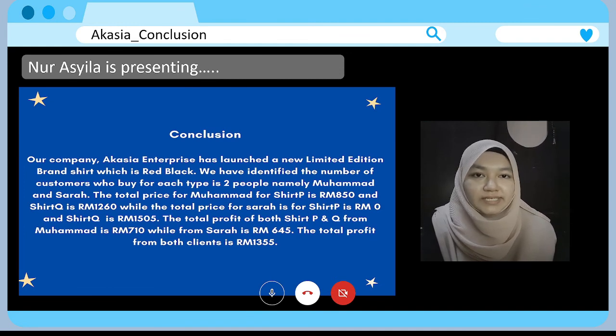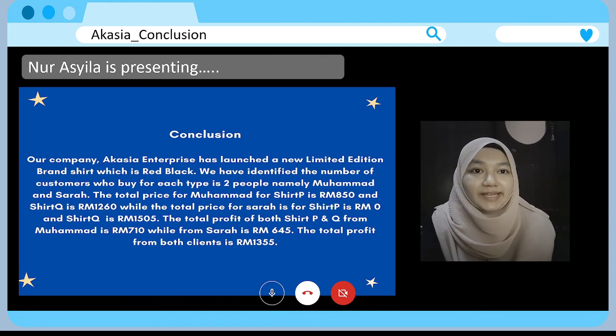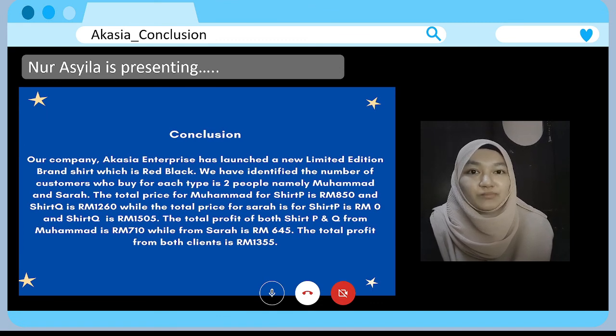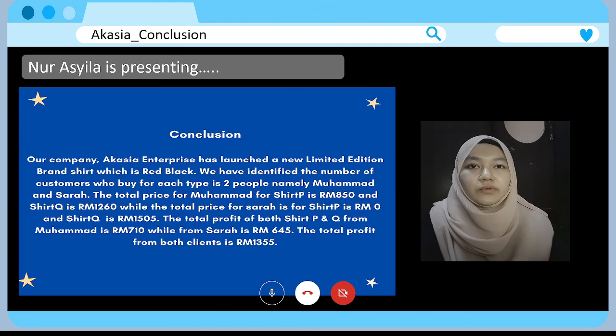Conclusion. Our company, Akasa Enterprise, has launched a new limited edition brand shirt, which is red black. We have identified the number of customers who buy for each type is 2 people, namely Muhammad and Sarah. The total price for Muhammad for shirt P is RM 850 and shirt Q is RM 1260.